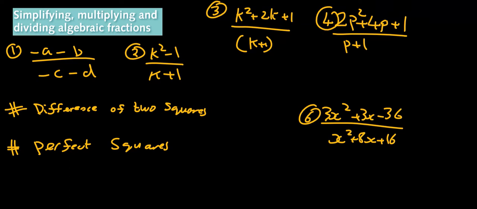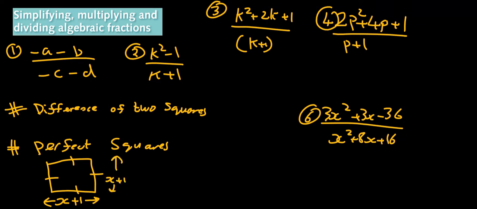Now, perfect square, this is a square, and by definition all sides are equal. So if this is x plus 1 distance, this is x plus 1, so is this, and so is that.